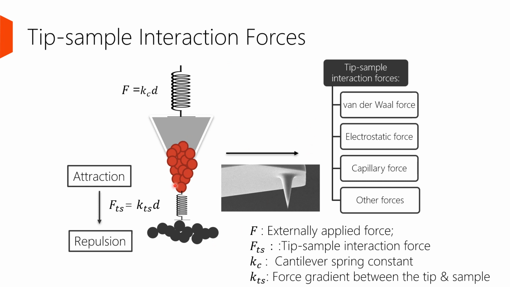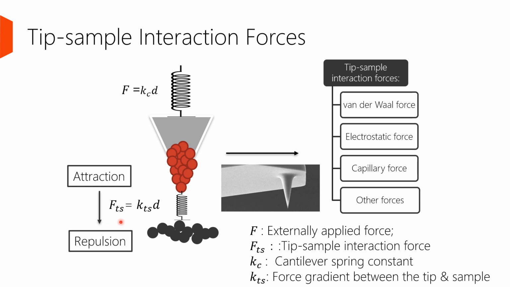the cantilever and the sample can be considered as a two-spring-in-series system. So the top spring is the cantilever itself, and it follows Hooke's law. And the lower spring is basically the tip-sample interaction itself.